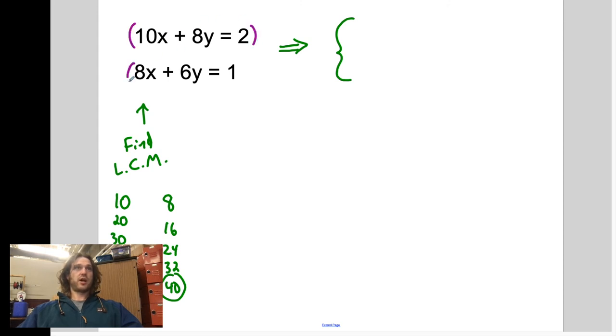So I'm going to multiply the top equation by 4 to make the first term 40, and I'm going to multiply the bottom equation by 5 to make the first term 40. We want to get them to be the same. So my new top equation is going to be 40x, distributing 4 times 8 gives us plus 32y equals 8.